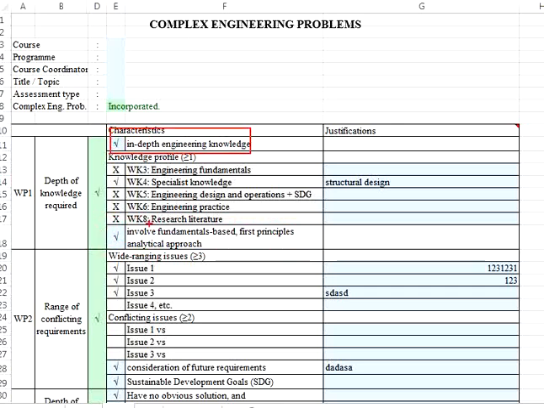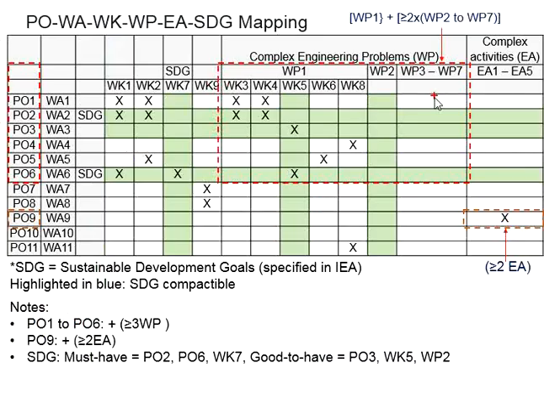Even though you have these components and you have WP1, without the other WP, it is still not a complex engineering problem. Since the complex engineering problem is not required, you can just leave it. WK8 does not have SDG as well, so you don't need to incorporate SDG.